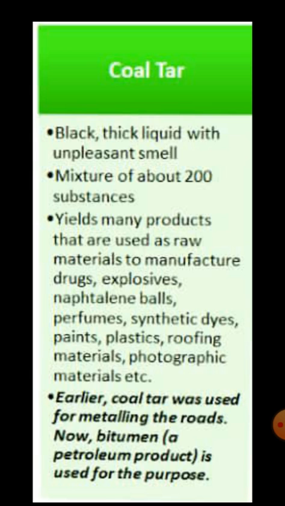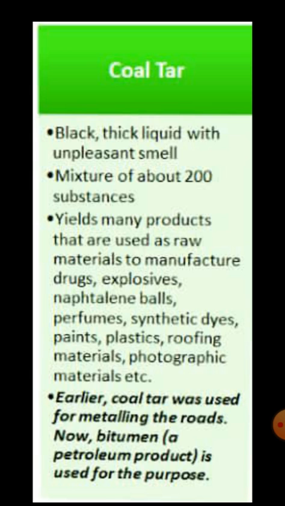And these substances are used as starting materials, as raw materials for manufacturing many things like dyes, drugs, explosives, paints, varnishes, perfumes, pesticides, plastics, synthetic fibers, naphthalene, and many more.